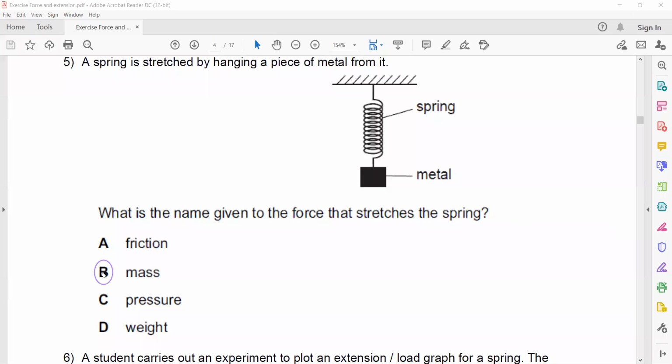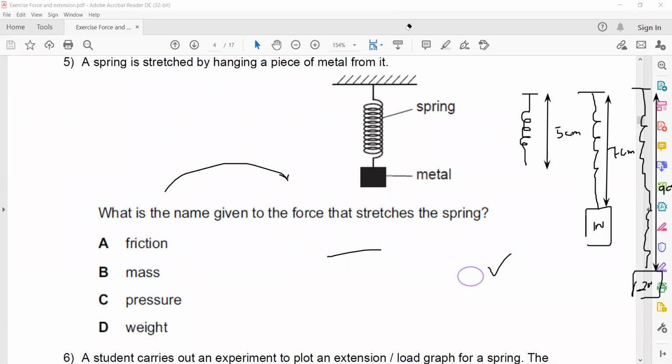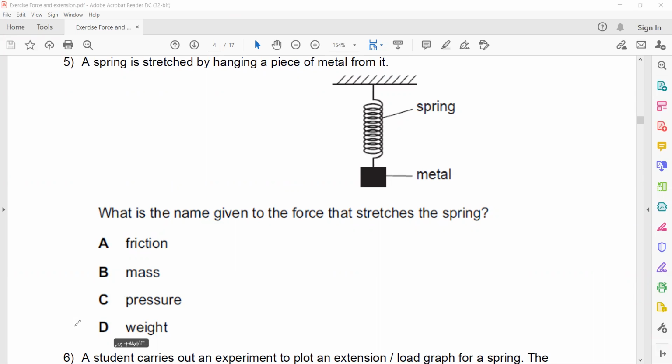They're asking for the force. So the definition for the force, that is weight. So weight is the force that causes stretching, and the spring will change its length.